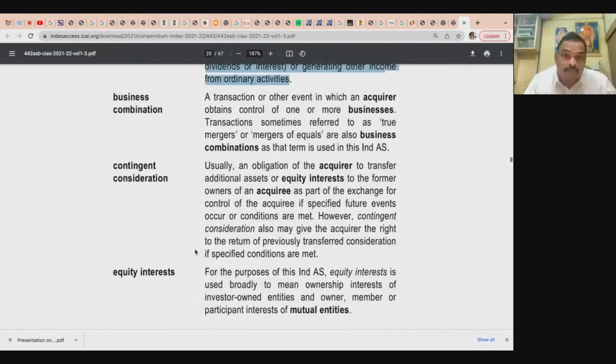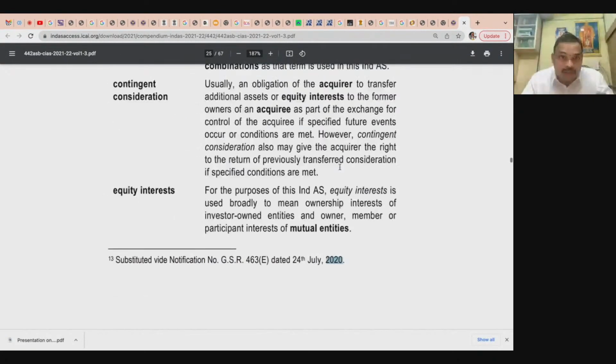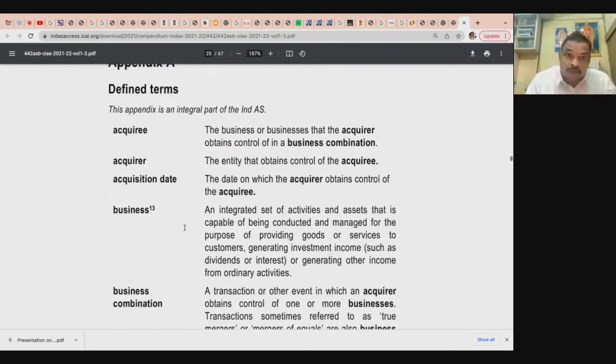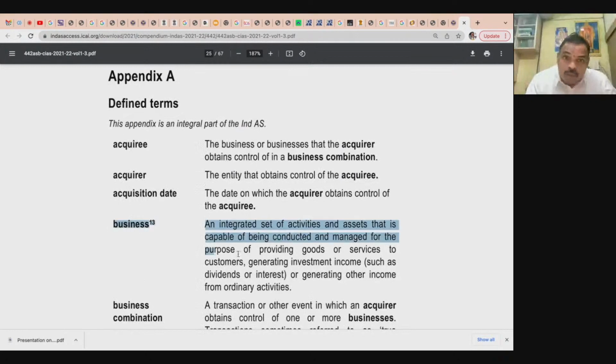They updated on 24th July 2020 the definition of business during the pandemic time. The virus is across the world, and it is taking control of the entire world. So we have got an updation for the Indian accounting standard for the term business.